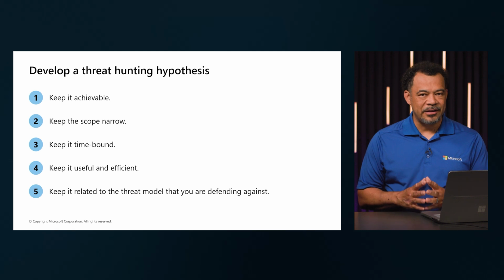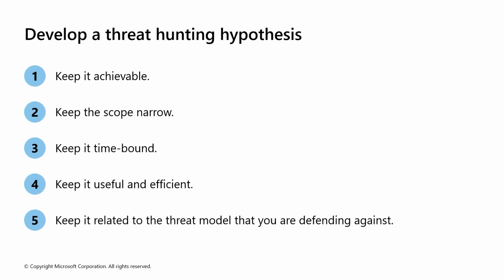You want to define a clear time frame to keep the investigation focused and measurable. You want to ensure the hypothesis is useful and efficient by aligning it with your organization's security objectives and ensuring it can lead to actionable outcomes. Most importantly, tie it back to your threat model so the hunt remains relevant to the risks you're actively defending against.